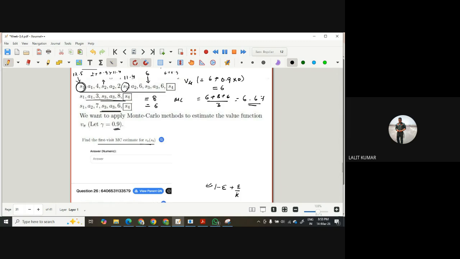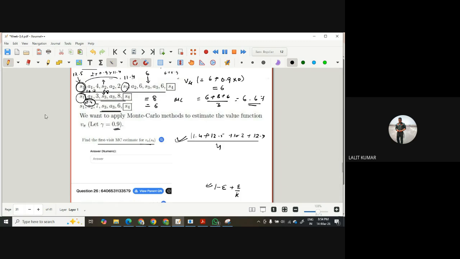Again we calculate S1 here. S3 is 8 here, so 3 plus 0.9 into 8, which is 7.2, plus 3 is 10.2. This will become 7 plus 5.4, which is 12.4. When we do every visit, we sum up all 4 and divide by 4: 11.4 plus 12.5 plus 10.2 plus 12.4, divided by 4. This is the only calculation we have to do. This kind of question has come twice, so I thought I would cover this.